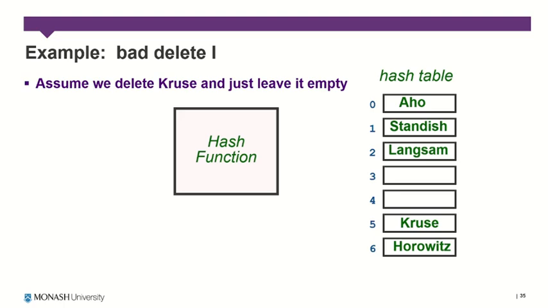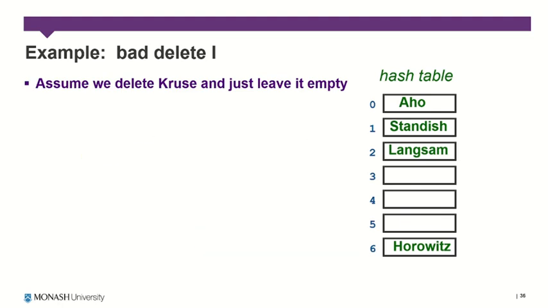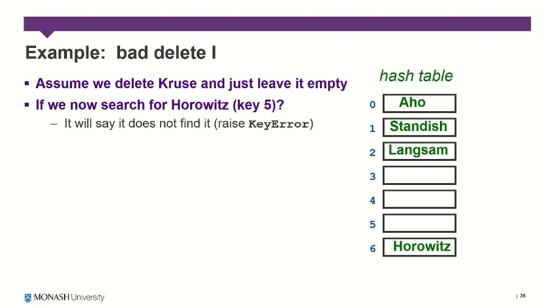So let's look at an example if we're doing just a bad delete. In this example, we're going to delete this particular key at position 5. We remove it and we just delete it and leave it empty. Now if we search for Horowitz at position 5, you'll see that it gets a key error even though Horowitz is actually in the hash table.